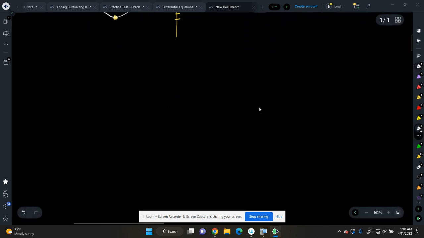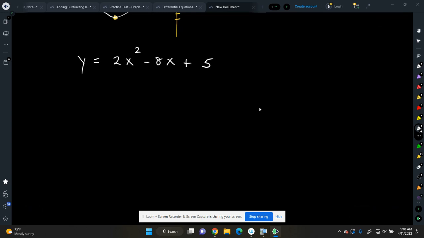Now let's look at y equals 2x squared minus 8x plus 5. Okay, so what is the axis of symmetry?